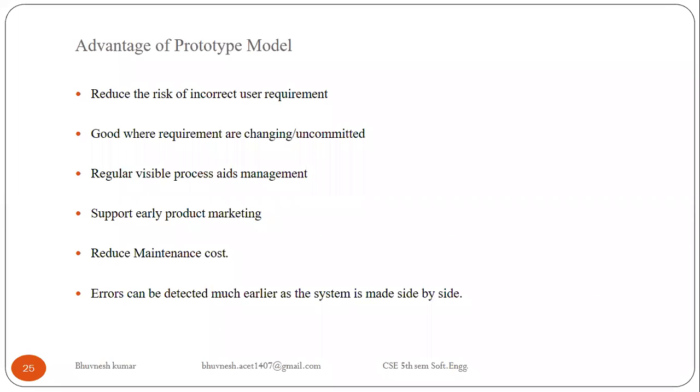If there is any error in design, the iterative process will backtrack to the design. If the coding or testing module faces any problem, it will feed back to the design phase. That is how errors can be detected much earlier.